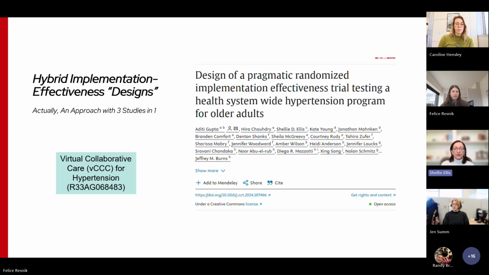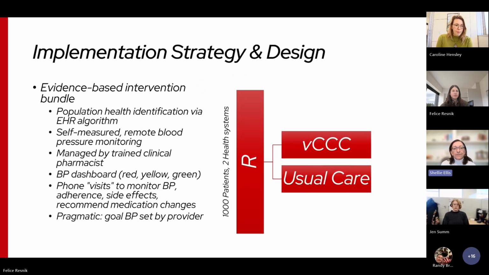And so one of the studies I was fortunate to be involved in at my previous institution at the University of Kansas was a pragmatic randomized implementation effectiveness trial dealing with uncontrolled hypertension in primary care. And this study we call VCCC was actually a bundle of interventions that we brought together.